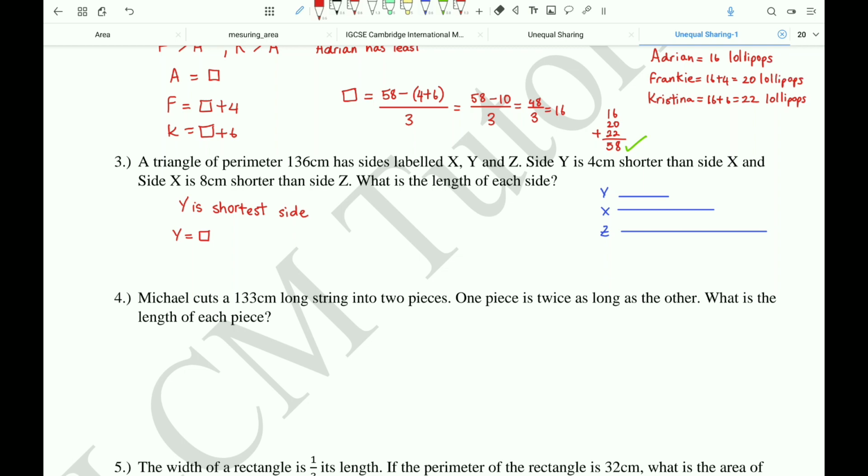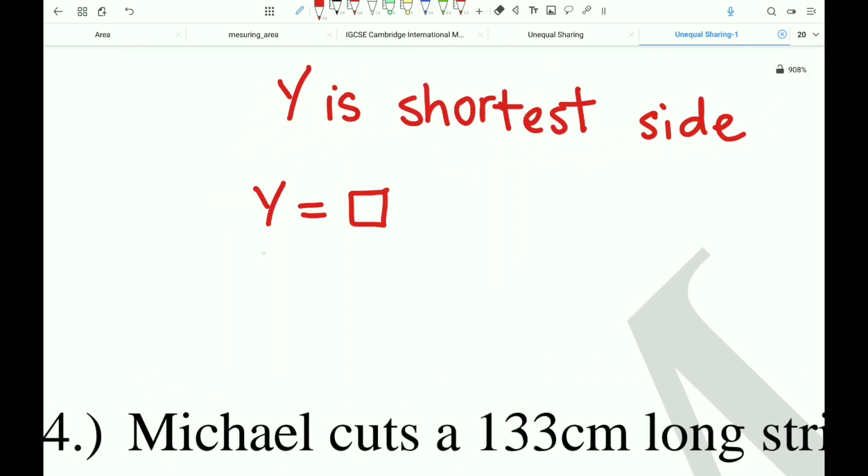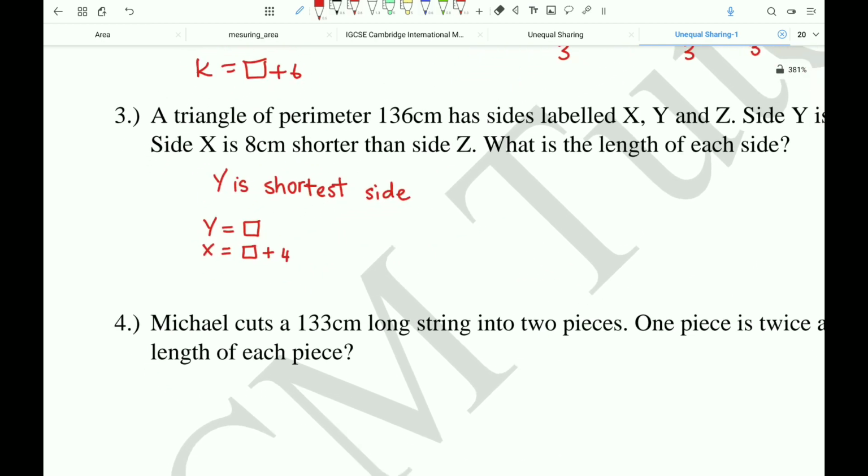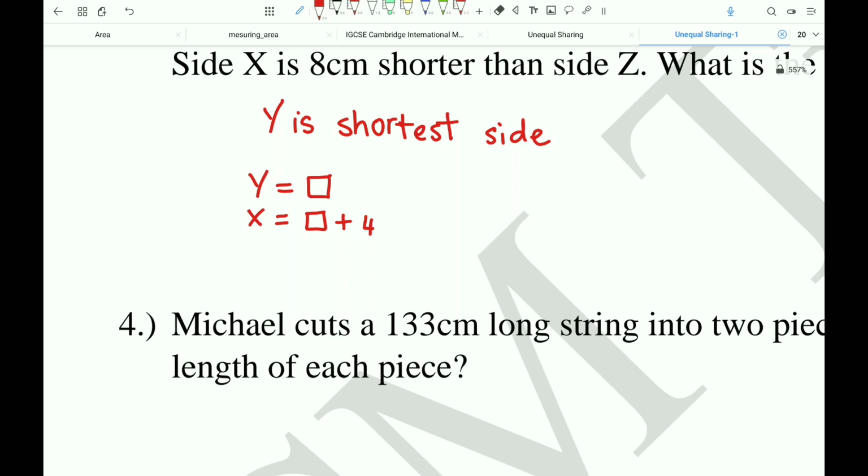Now from here it says that Y is 4 centimeters shorter than side X, which means that X is going to be box plus 4. X is going to be 4 centimeters longer than side Y. And it says that side X is 8 centimeters shorter than side Z. So that means that Z is going to be 8 centimeters longer than side X, which means that Z's length is now not going to be box plus 8.